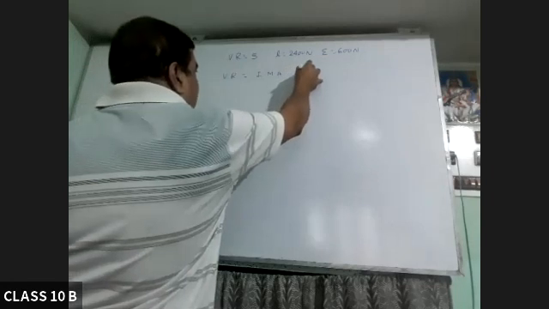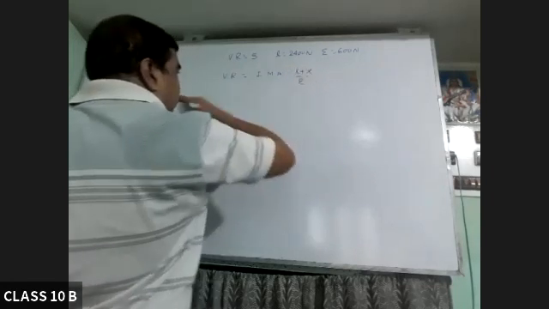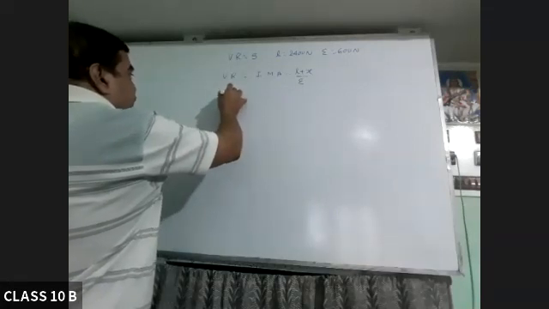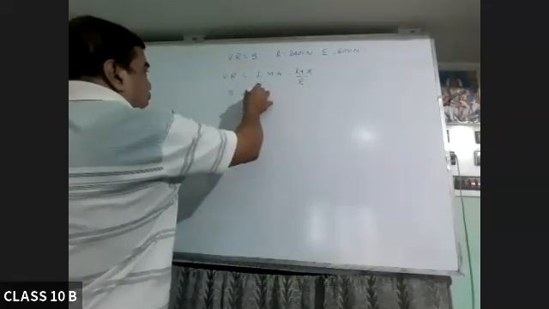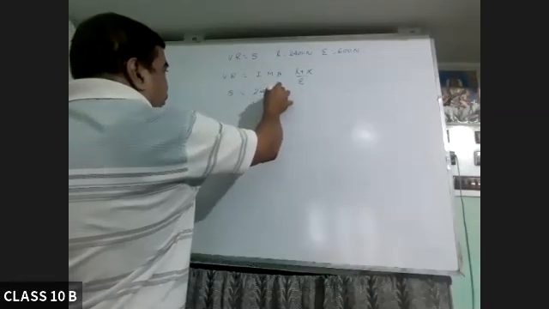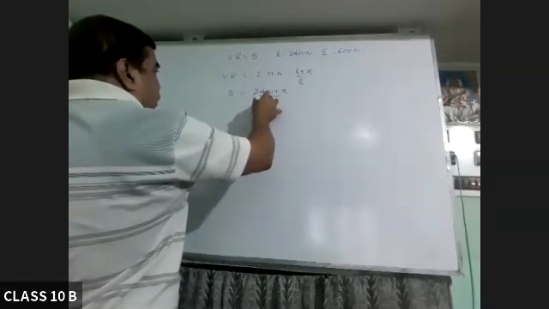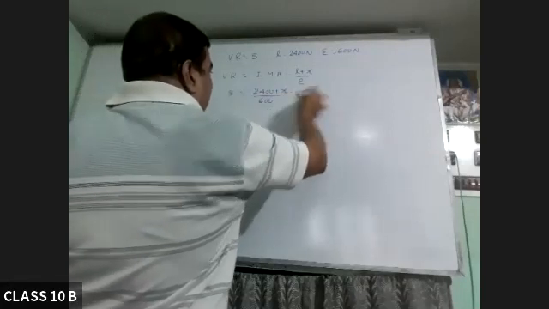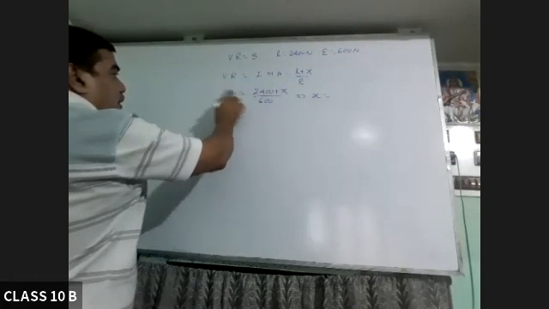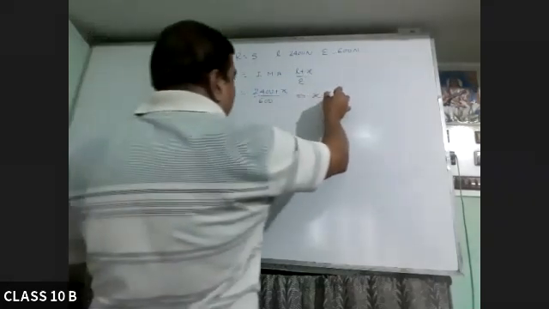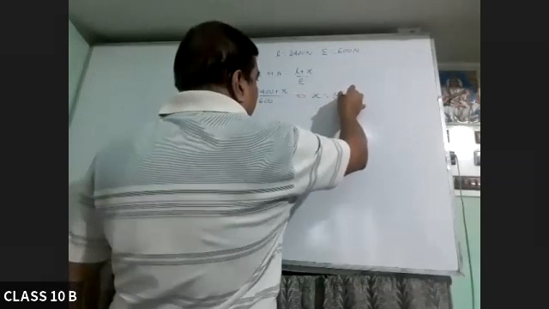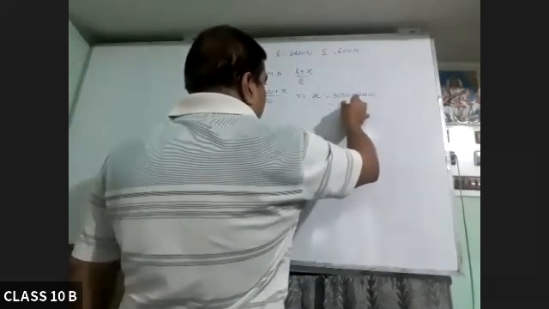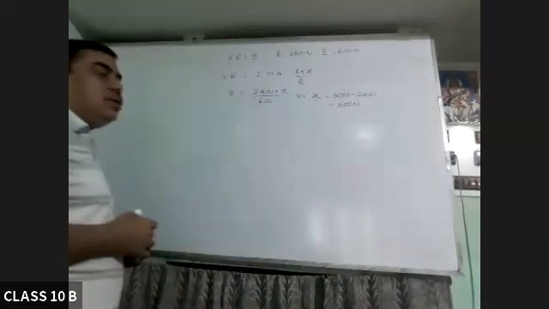So it is (L plus X) over E, (2400 plus X) over 600. That means X we got 3000 minus 2400, so 600 Newton is the useless load.